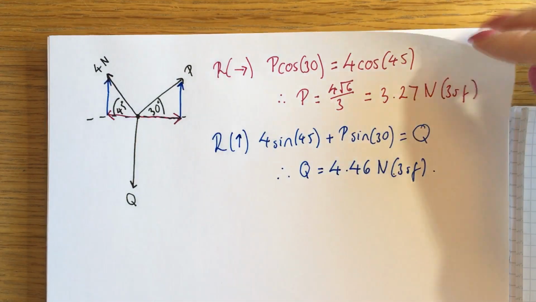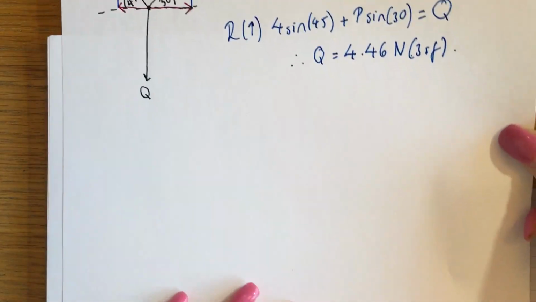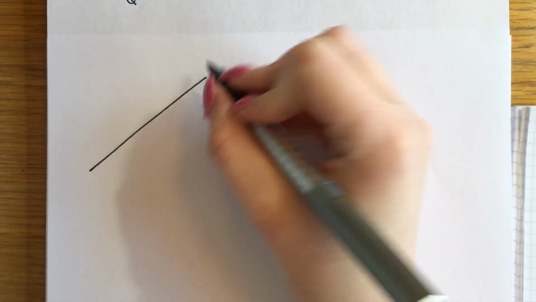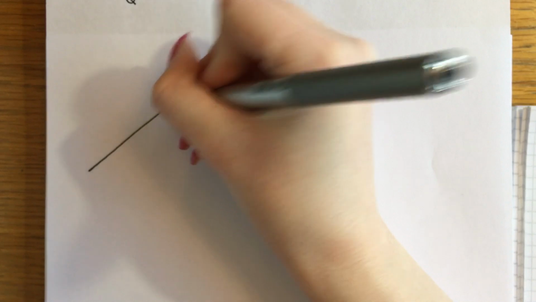So now we're going to move on to example number 2. The diagram shows a particle in equilibrium on an inclined plane under the forces shown. So I'm going to draw that out there.